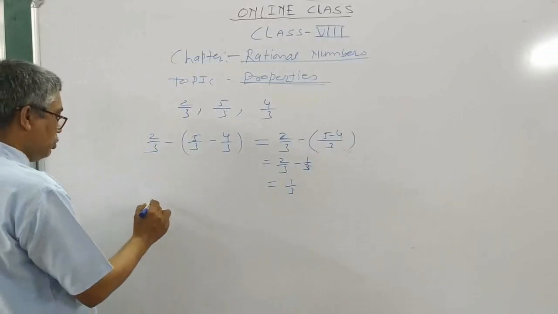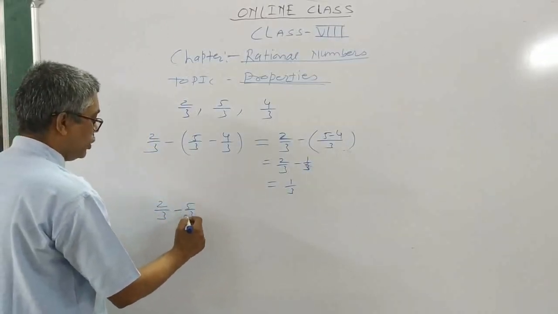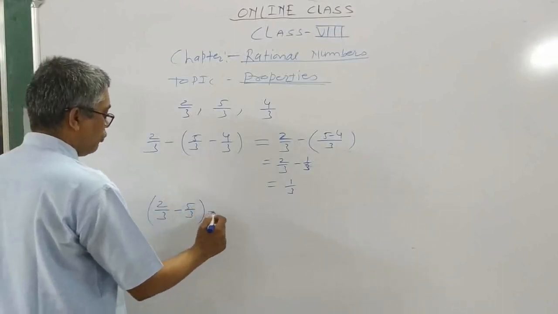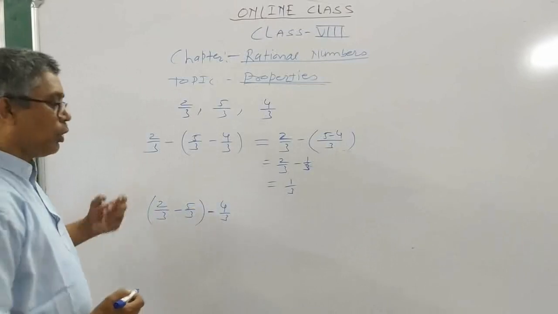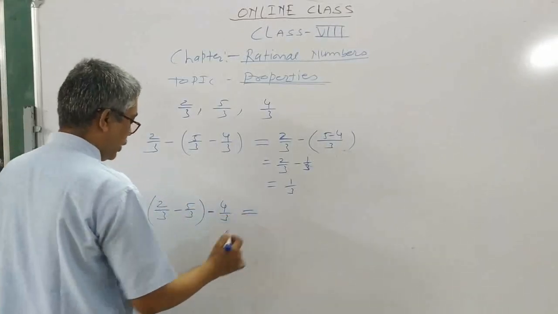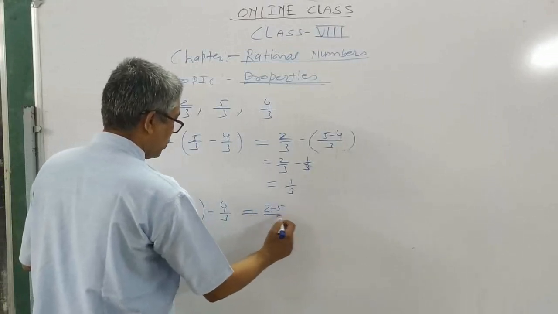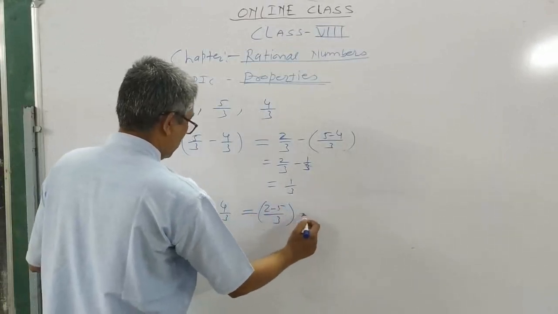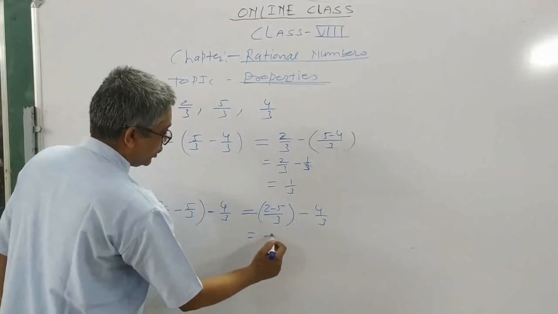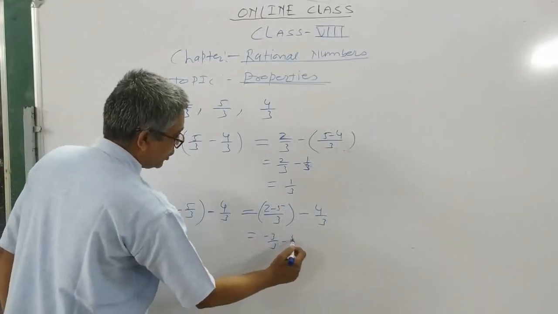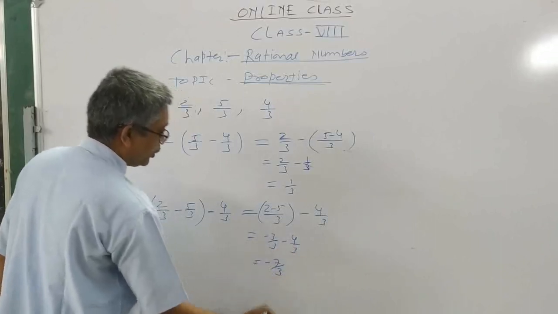Now we have to take 2/3 minus 5/3 in one bracket and then we subtract 4/3 from this bracket. So again we solve it. 2/3 minus 5/3 is 2 minus 5 upon 3, so here we have minus 3/3 minus 4/3, equal to minus 7/3.